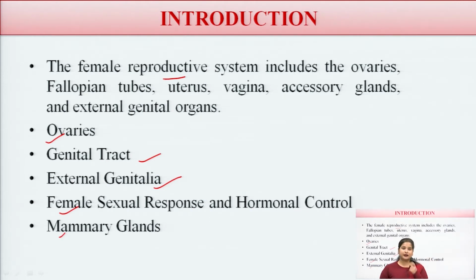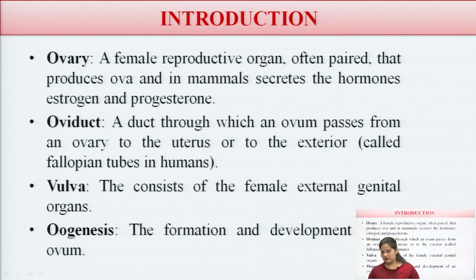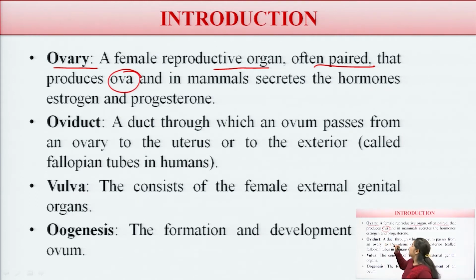These are the main reproductive organs of the female. Now start with the ovary. The ovary is a female reproductive organ, often a pair, that produces the ova or egg, and in mammals secretes the hormones known as estrogen and progesterone. These are the hormones released in the female.